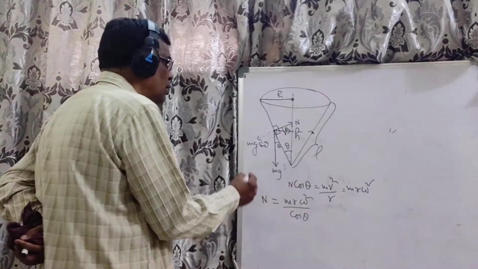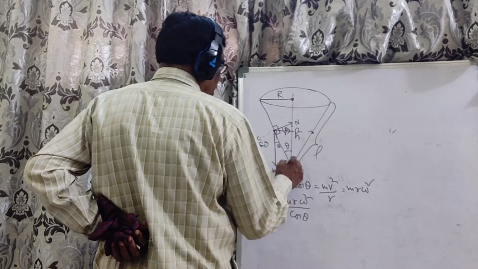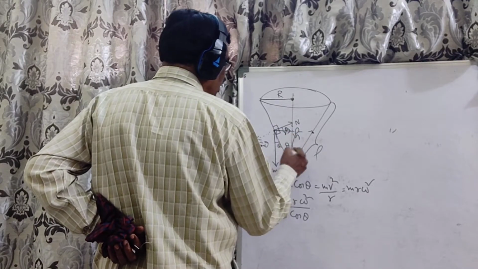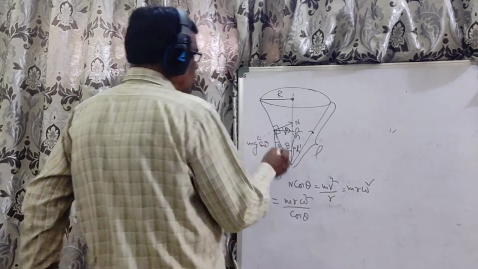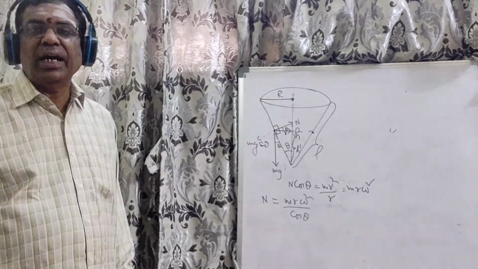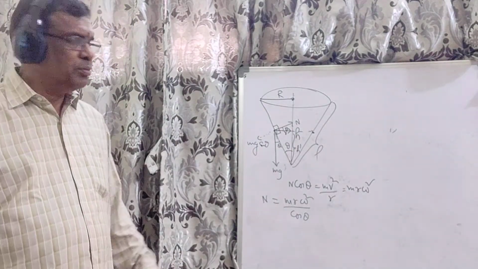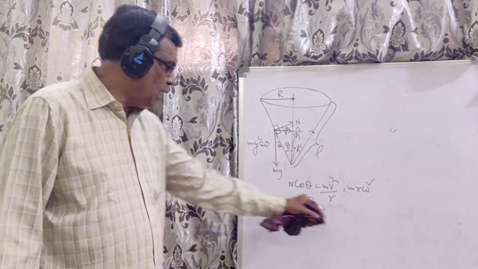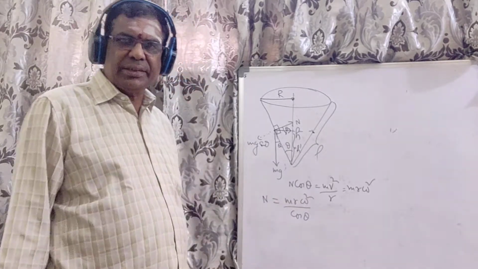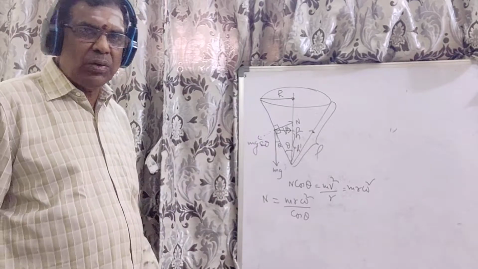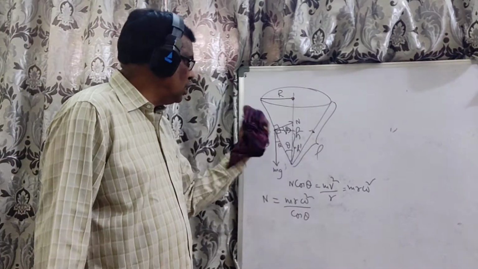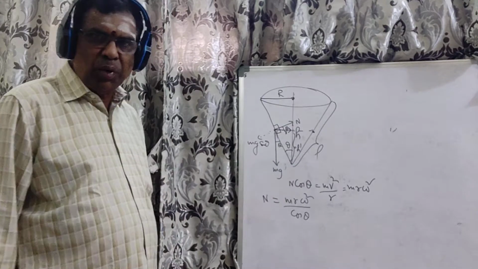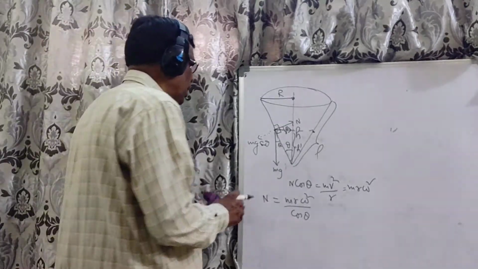Or if you know this point, and if this is say H dash, you can write it in terms of capital R also. Anything you are free to do. This is the normal force when a cone is rotating and you keep a body there.